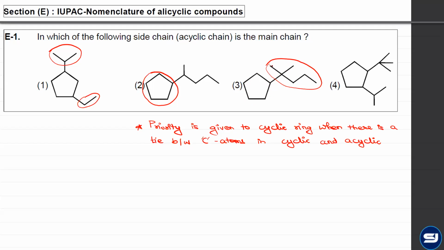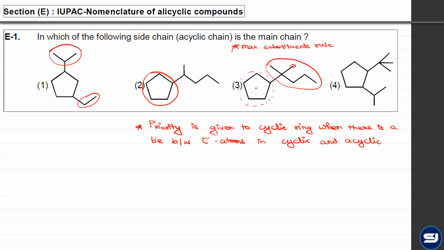Yes, sir. And in the acyclic chain, if I number 1, 2, 3, 4, 5, then this and this will be considered as substituents. So here we will use the maximum substituents rule. Correct? So on the cyclic ring there is one substituent, but in the acyclic there are two substituents.